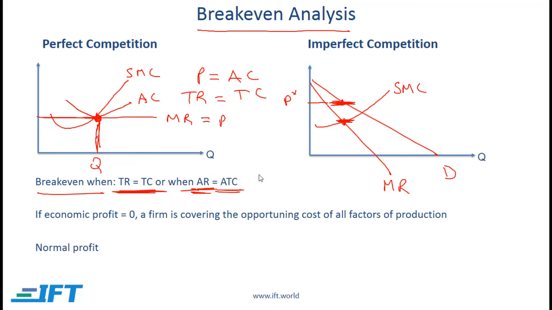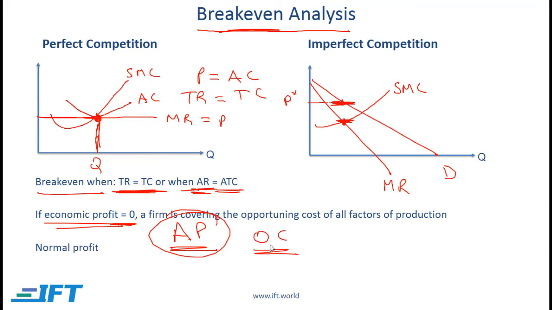Now in our case, when we talk about breaking even, we are saying that the economic profit is zero. Economic profit is zero does not mean that accounting profit is zero. So we've talked about this before. It is possible that the economic profit is zero, but the firm is still making an accounting profit, and this accounting profit will be equal to the opportunity cost.